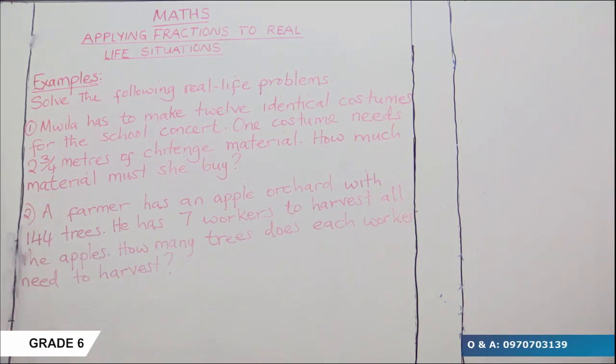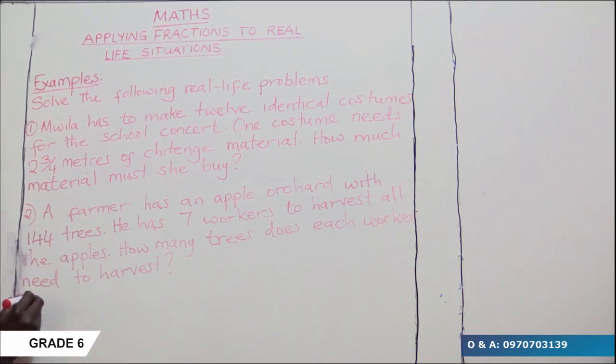How much material must she buy? Number 2, a farmer has an apple orchard with 144 trees. He has 7 workers to harvest all the apples. How many trees does each worker need to harvest?